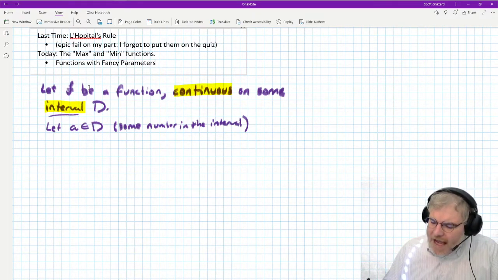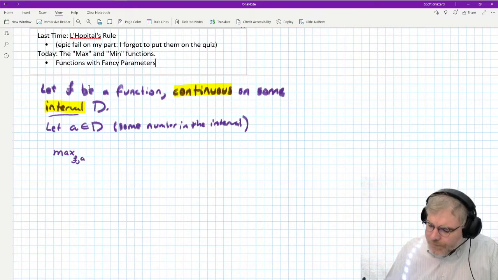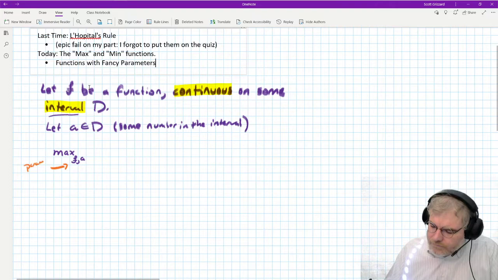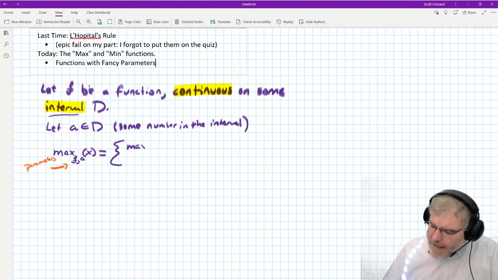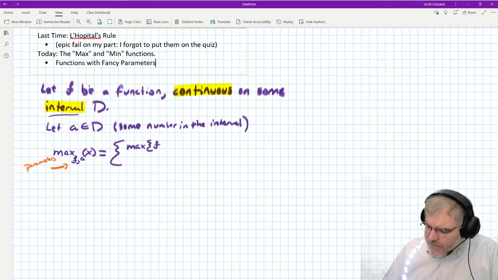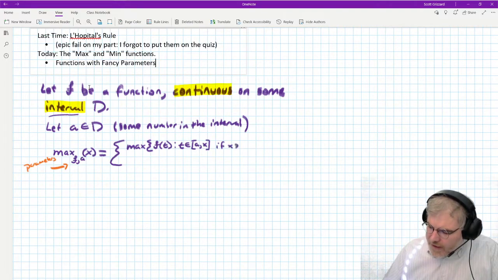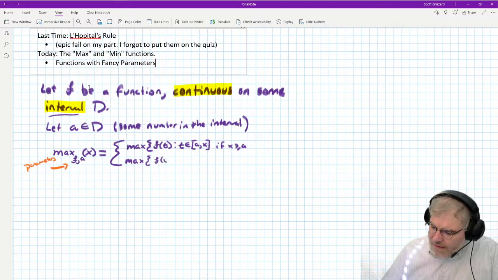It looks like this: max f, a, these are the parameters, of x equals the maximum of f of t, where t is in the interval [a, x], if x is greater than a, and the max of f of t, where t is in the interval [x, a], if x is less than a.